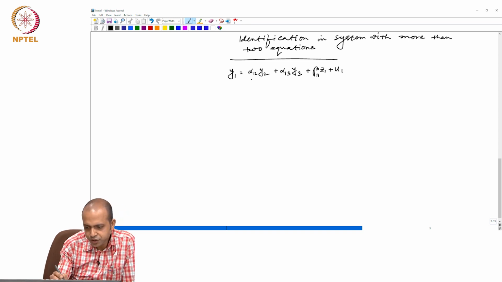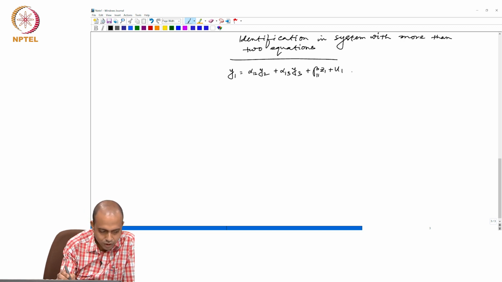Here the first subscript indicates the equation number, okay, and the second subscript is the variable. So, alpha 1 2, that means the first equation I am denoting by 1, always 1.